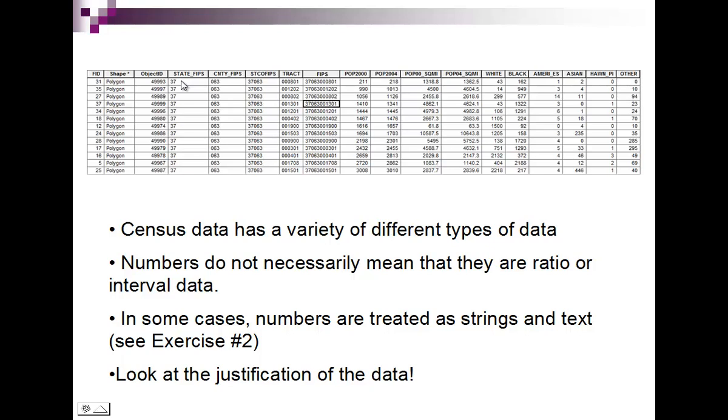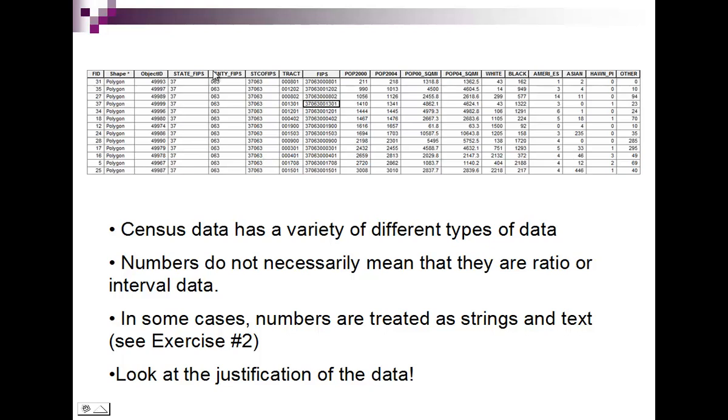And it goes from 1 up to 55, and it's always saved to 2 places. For Durham County, it's 063. And when we concatenate them or put them together, it's 37063. So for Durham County, the FIPS code is a unique way to identify every county in the United States, and sub-county units when we get into census tracts and census block groups.